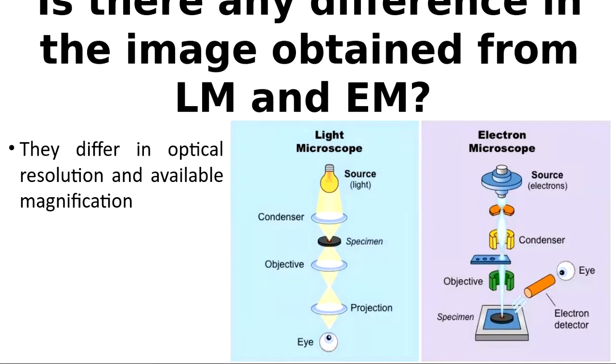The difference is in optical resolution and available magnification, because light microscope has a certain minimum magnification. Light microscope has its own limitation, but with the electron microscope you can magnify to whatever size you want and visualize. So electron microscope has a lot more optical resolution and available magnification.